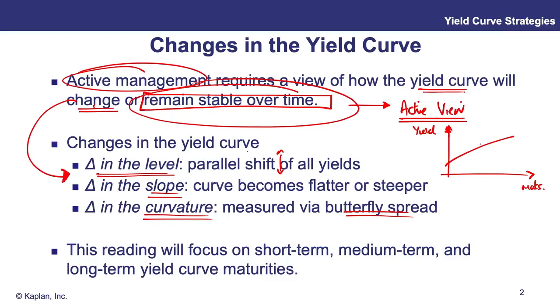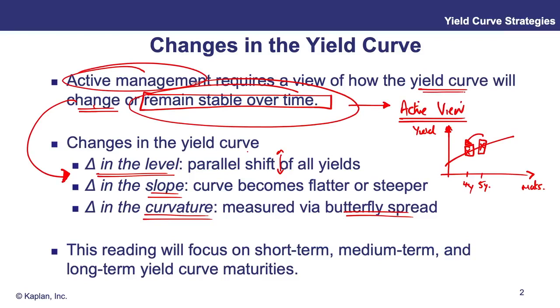If we buy a bond with, say, 5 years to go to maturity, and we hold it for a year, it's only got 4 years to go to maturity, and we know that if the yield curve hasn't changed, its yield will move from here, 5 years to go at initiation today, and in a year's time, it'll only have 4 years to go, its yield will move to there. Okay, that's exactly the same concept as we were talking about in the first fixed income reading when we were talking about roll down return.